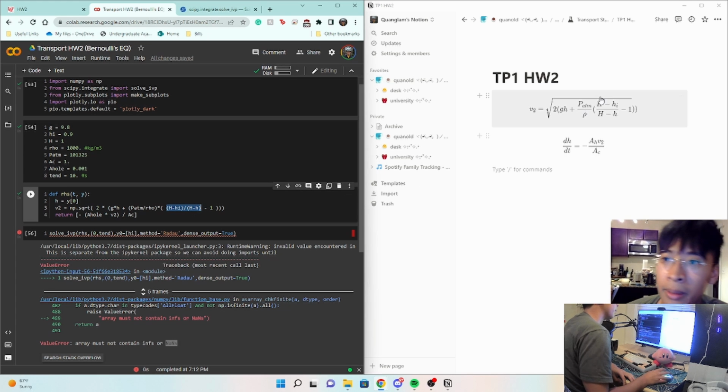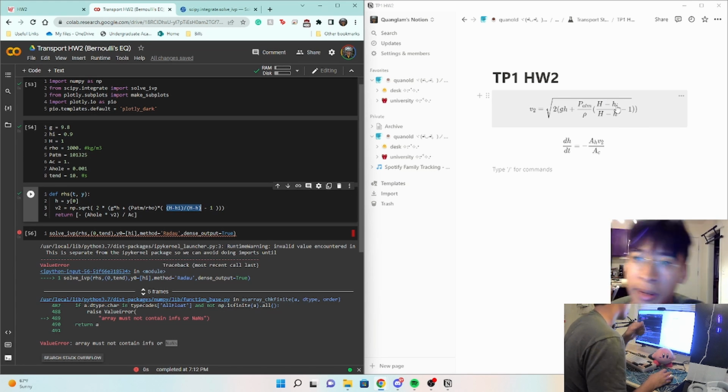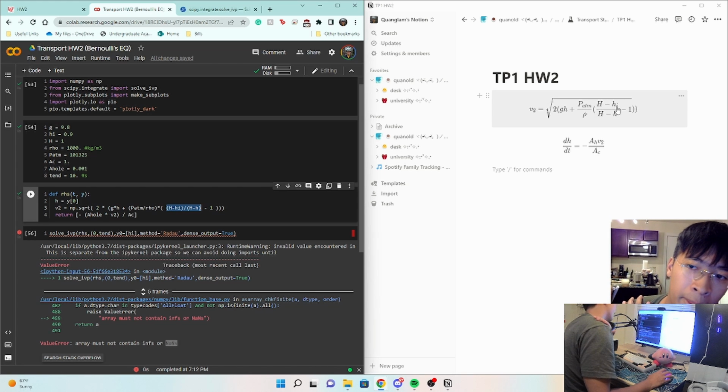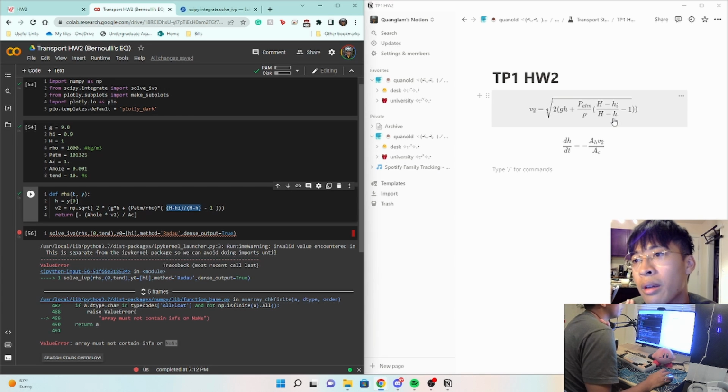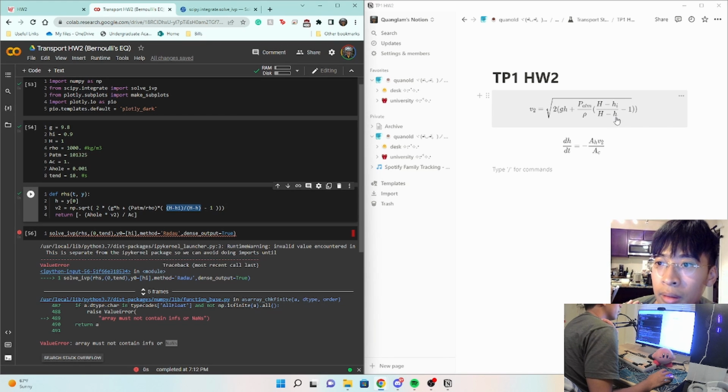What do we have here? Maybe it's easier to look over here. You have h minus hi. Both are constants. It always remains positive. But then here you have h minus big H minus h, right? And if this value becomes small enough, this then becomes negative, right?